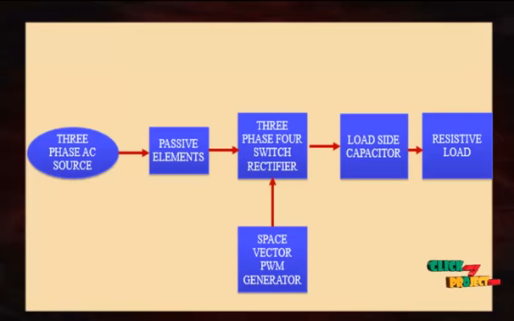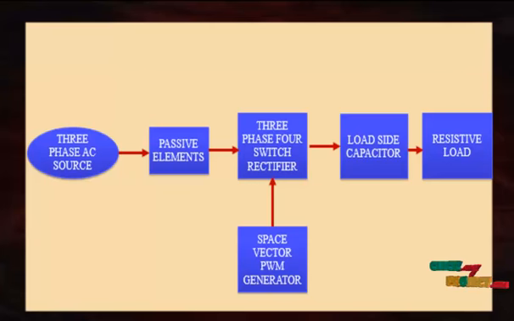Then the 3-phase 4-switch rectifier pulses are obtained from the space vector pulse width modulation technique, and delivered from the PWM generator. The main advantages of this 3-phase 4-switch rectifier compared to the conventional 6-switch rectifier are that the overall switching count is reduced, and it offers bidirectional power flow and low harmonic distortion of line current.